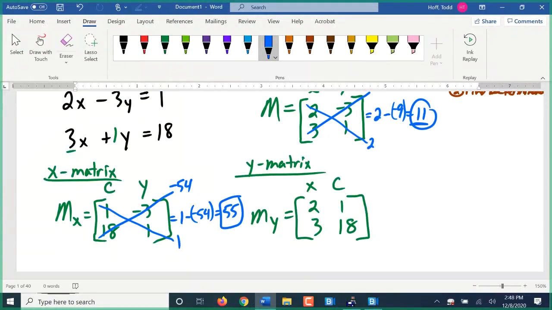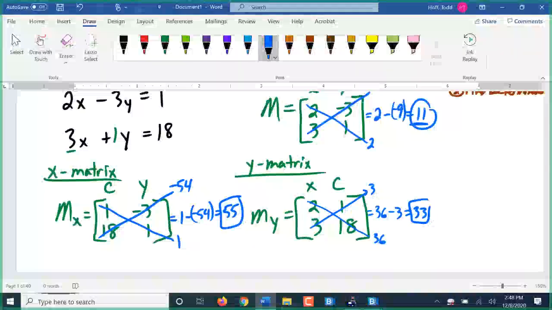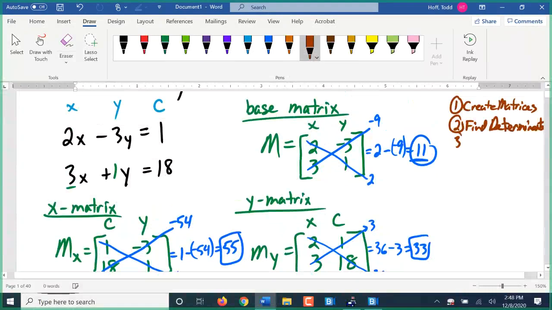For Y, we have 2 times 18 is 36. 3 times 1 is 3. 36 minus 3 is 33. 33 is the determinant of our Y matrix. That's step 2. Step 3 is to find the solutions.